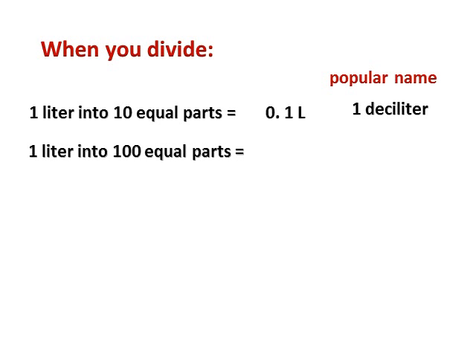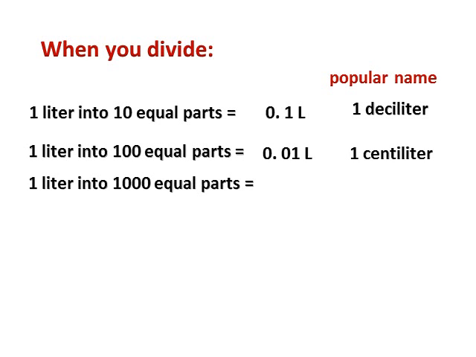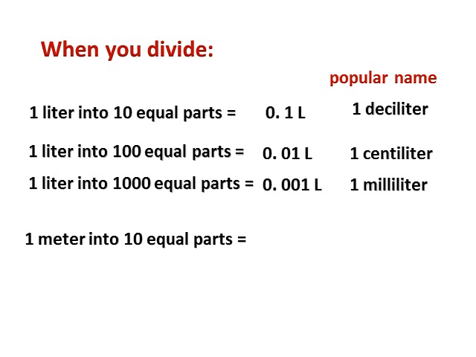If 1 liter is divided into 100 equal parts, that will be 1/100th of a liter, or 1 centiliter. 1 liter divided into 1,000 equal parts, that's 1,000th of a liter, or 1 milliliter. You probably have heard of milliliter.